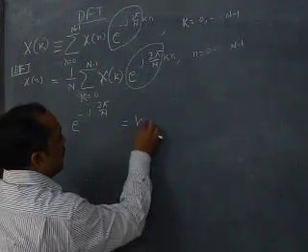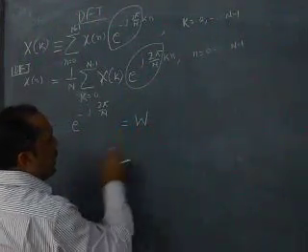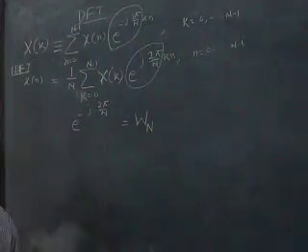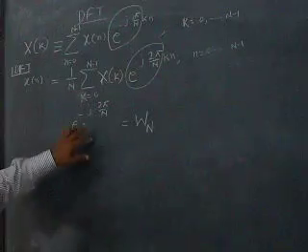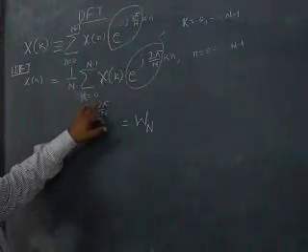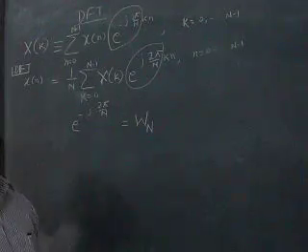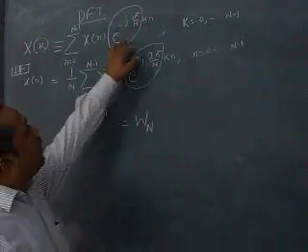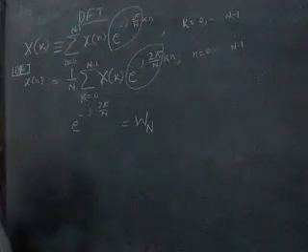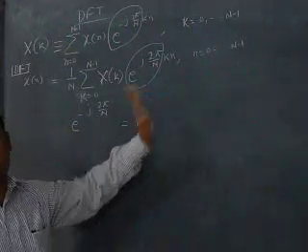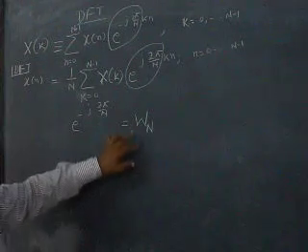And this may be considered as a twiddle factor, say W, having a range of the sequences. So here e to the power minus j 2 pi by N will be represented by W_N. So its power kn will be represented by W_N^kn.